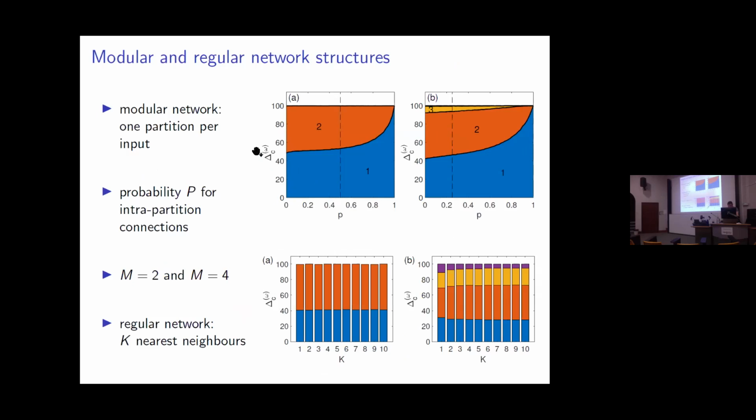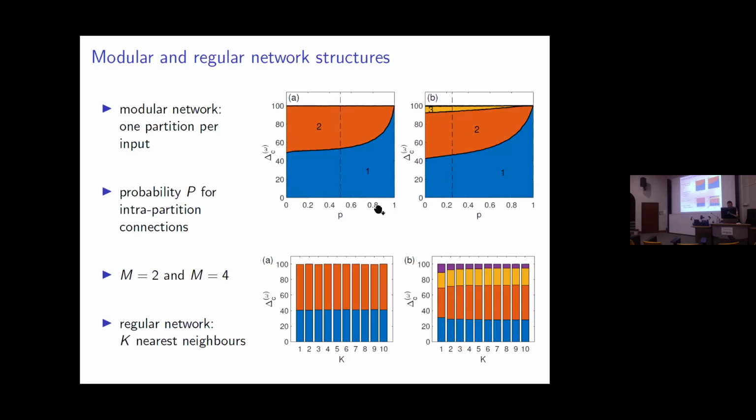Another experiment that I found interesting was the modular network. So now each of the inputs has assigned a partition of the network, and the modularity parameter controls how much intra-partition connectivity there is as compared to inter-partition connectivity.